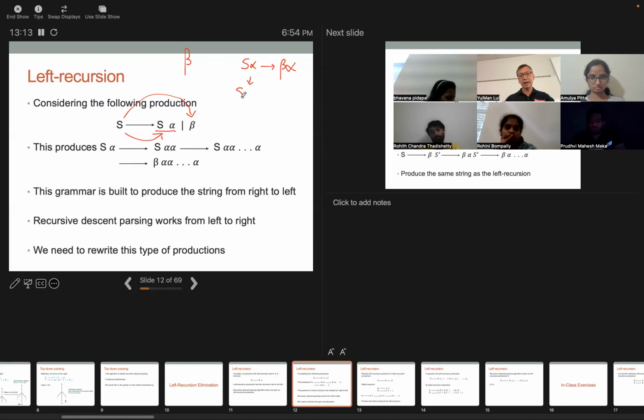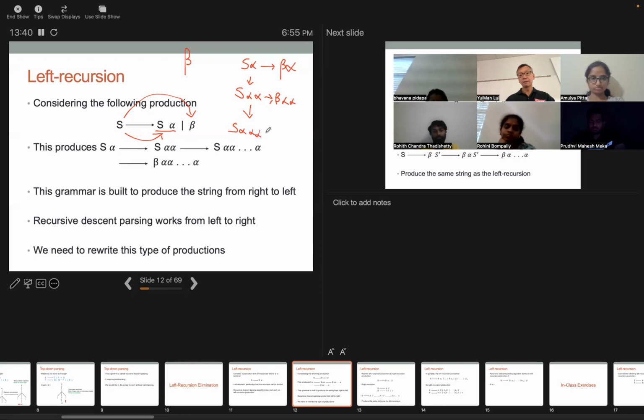Or if I don't choose beta, I choose S alpha again. That becomes S alpha alpha, right? So next time I can choose beta, so it's beta alpha alpha. Or I can choose S alpha again, followed by 2 alpha here.